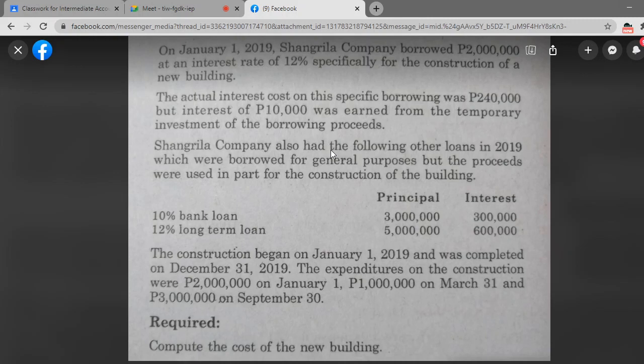So let's say of the 2 million, ang iyahang gigamit or initial nga gigamit is 1 million. Ang 1 million, the other 1 million, wala pa niya nagamit. So, instead nga iya lang ng patulugon, iya na lang sang patubuon kadali. That's why there is a 10,000 interest that was earned from the temporary investment. So, nakasabot ta ha, unsay pasabot aning temporary investment.